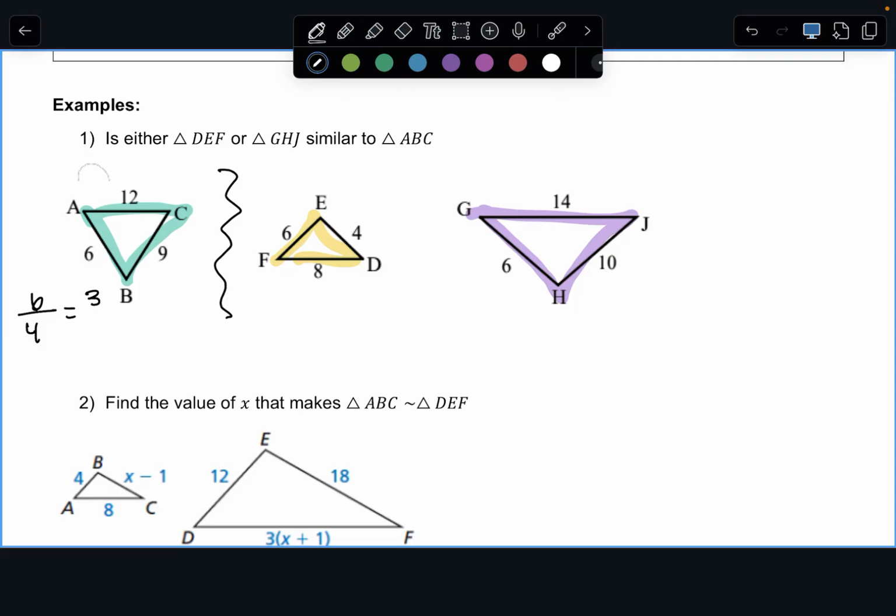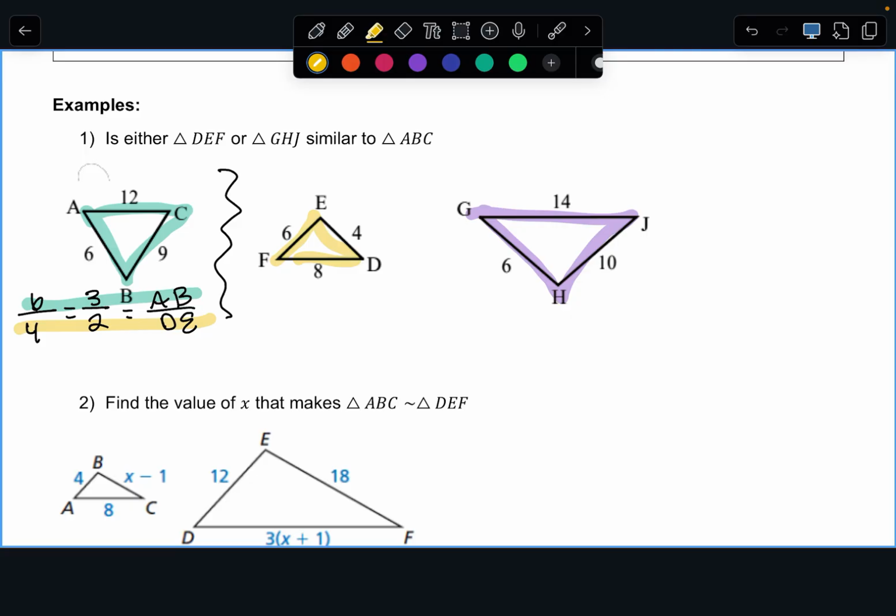If I divide them by 2, I would get the fraction 3/2. So that represented my green AB over my yellow DE. Green on top, yellow on bottom.